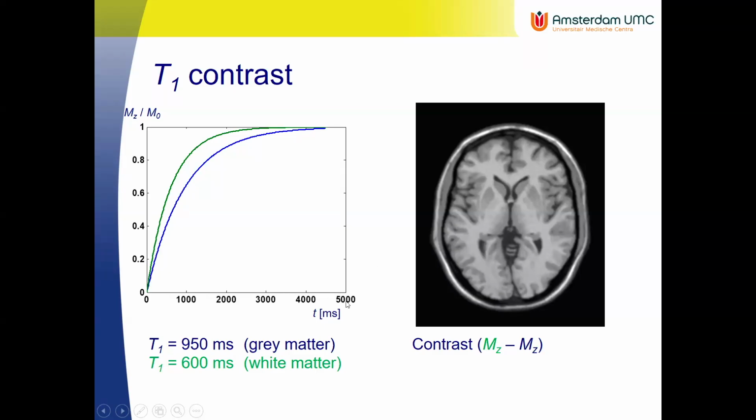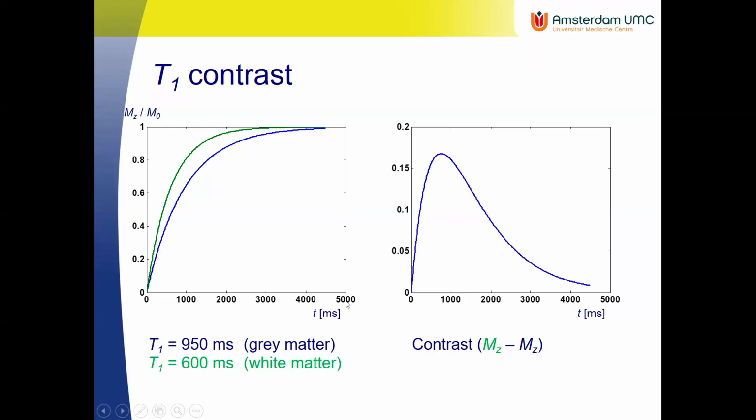The contrast is the difference between the two tissues. If I look at the difference between the two curves, what I see is that in the beginning, right after the excitation pulse, the curves are very close to each other. So there's not much difference in signal yet.